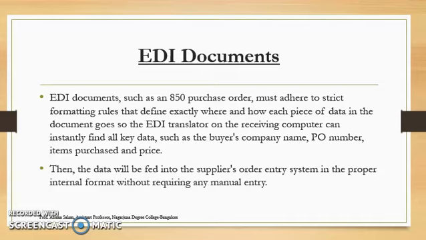Okay, so either envelopes, segments, or elements. There are three different things which we need to see in the documents: message envelopes, segments, and then the third one is elements.